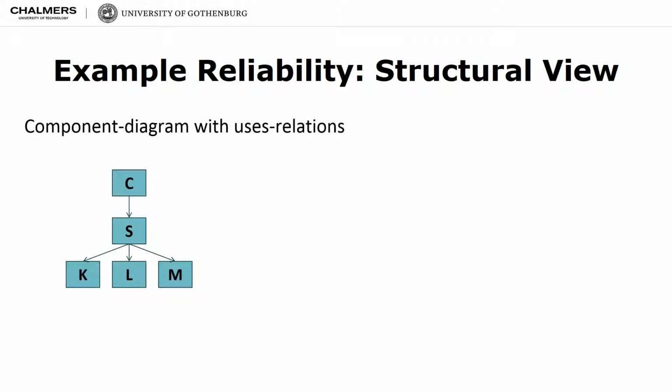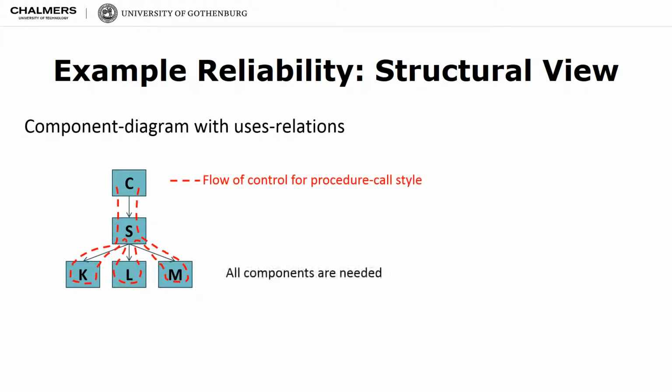The following example illustrates the reliability analysis of a simple system. Consider a system of 5 components, C, S, K, L, and M, arranged as shown on the slide. C and S suggest to be clients and servers, and K, L, and M are services to S. Now, in addition to the structure of the system, we actually need information about the behavior of the system in order to know if components are mandatory steps in a flow or alternative steps.